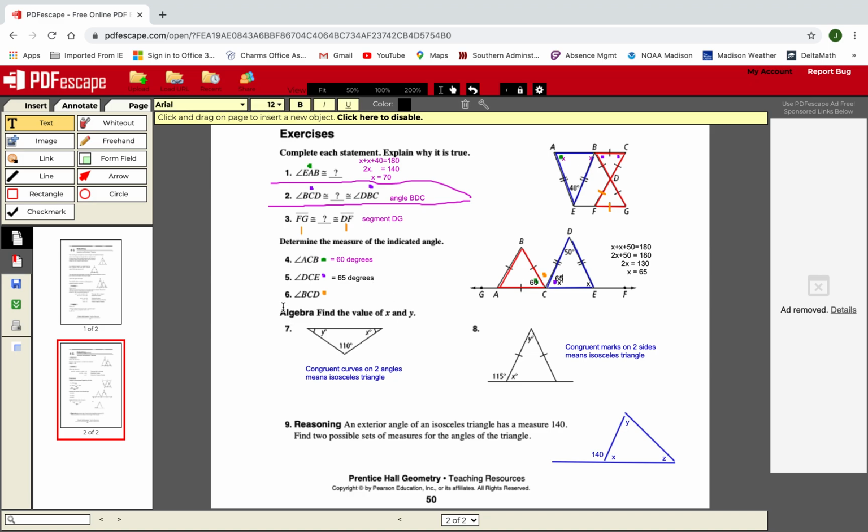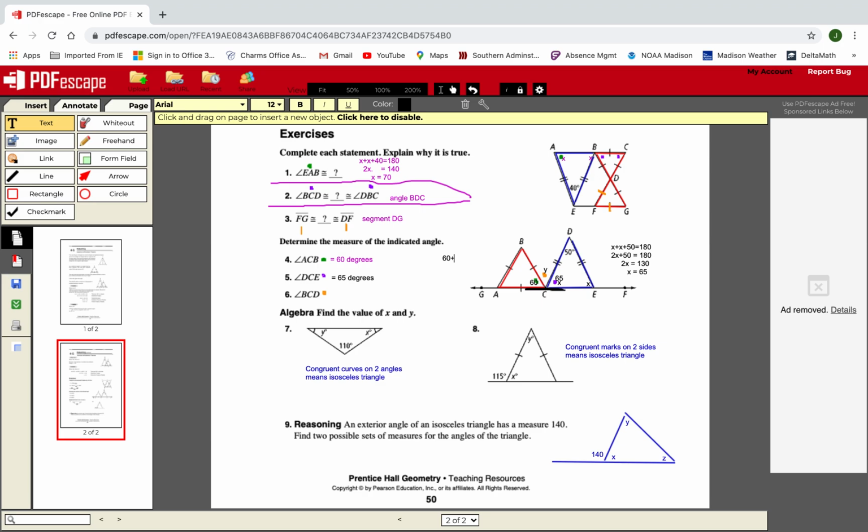Okay, number 6 wants the measure of angle BCD. BCD, I have put an orange dot in right here. And hopefully you can see that all 3 of these angles together make a straight line. And a straight line is 180 degrees, okay? So I'm looking for this angle right here, and let's call it y, just to give it a variable, okay? So I'm going to call that y, then I can say 60 plus y plus 65 equals 180.